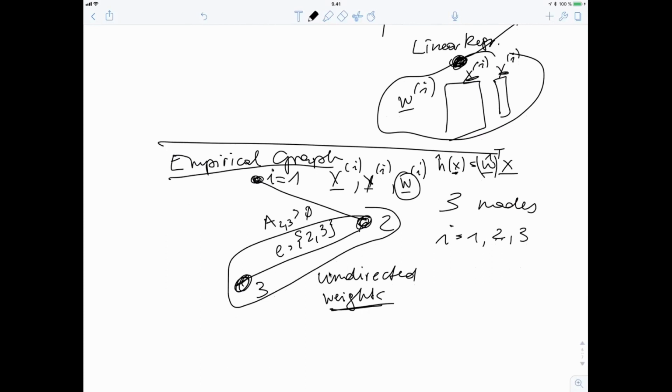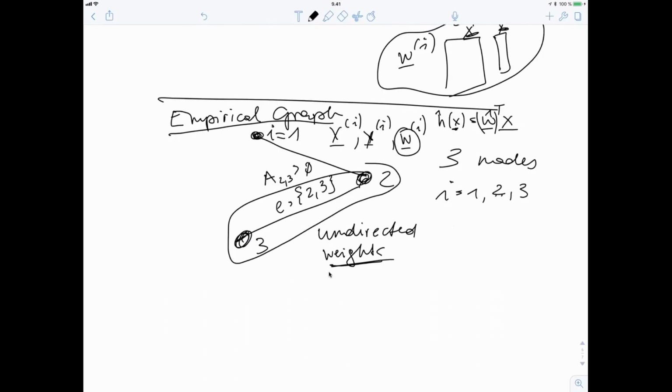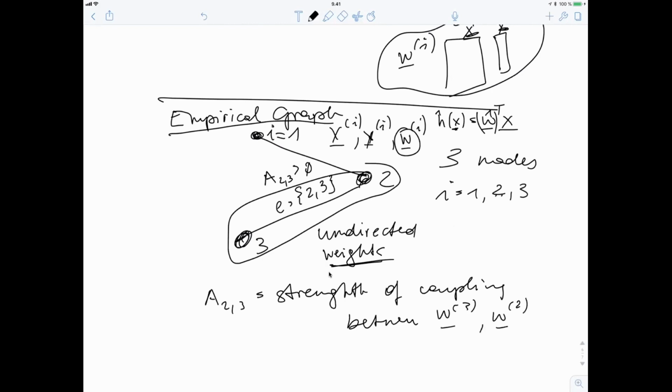And this edge represents a coupling between the model at node 3 and node 2, and the weight is the strength of the coupling between W, so the parameter vector at node 3 and the parameter vector at node 2. The larger this weight, the more we want to couple those two.